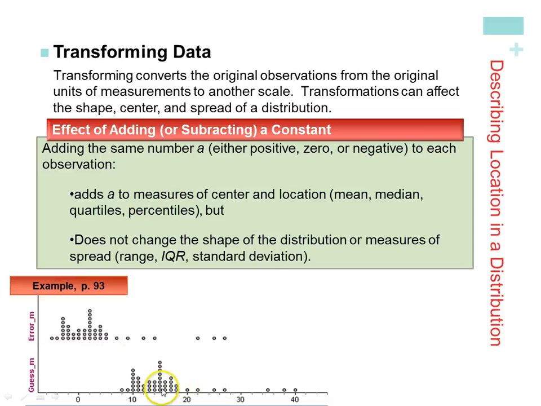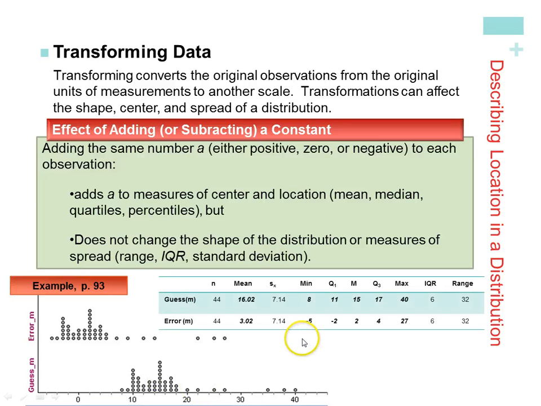And when we added a value to them or subtracted, then we found that, anyway, you read through the example, you can see that the mean changed, the median changed, the quartiles changed, IQR did not, range did not, standard deviation did not, and shape did not. And this is a better example of how shape didn't change, okay?